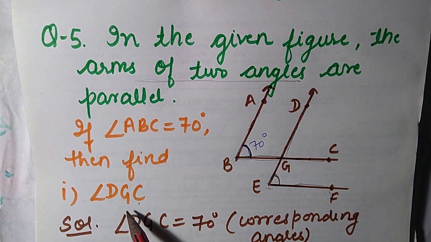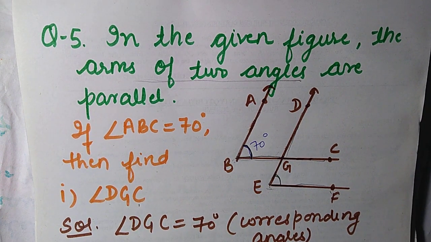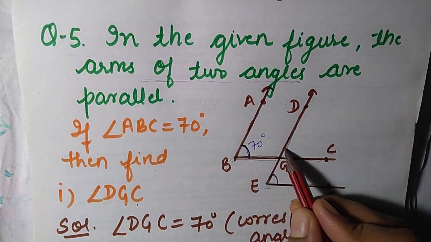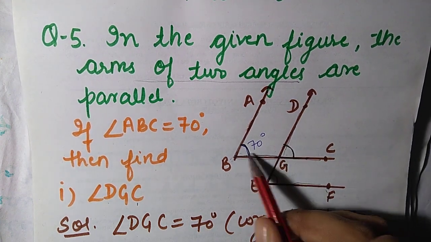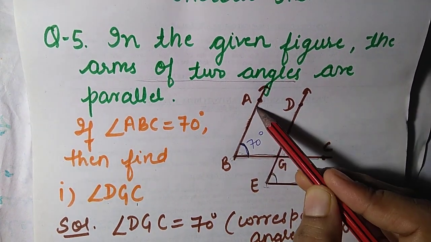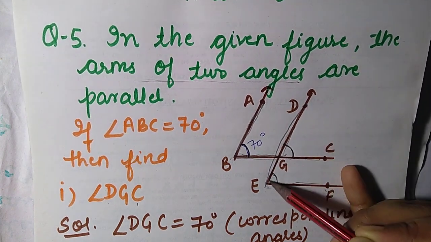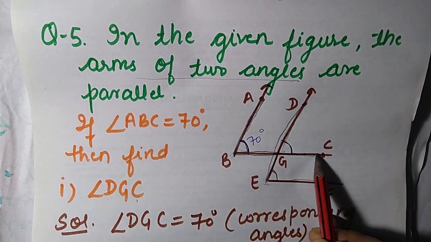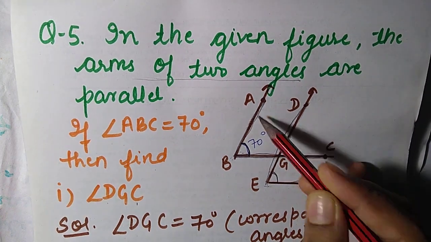In the first part we have to find angle DGC. So let us find out where angle DGC is in the figure. Here we have to find this angle. As we know, these are two corresponding angles because they are at matching positions. I am taking the two parallel lines AB and DG, or you can say DE, and I am taking this as a transversal because it is intersecting these two lines.